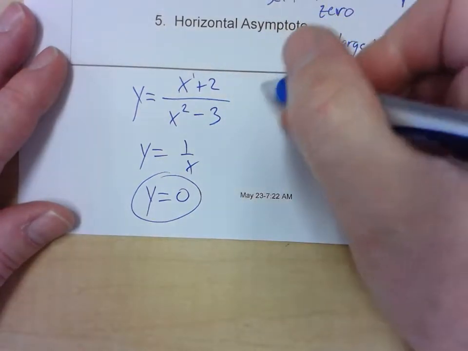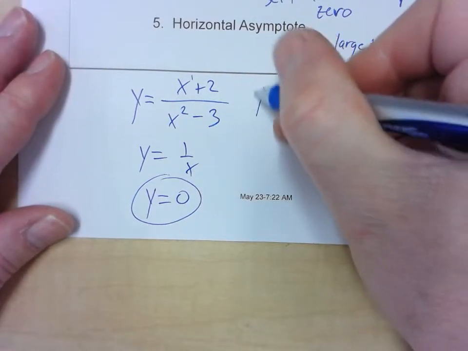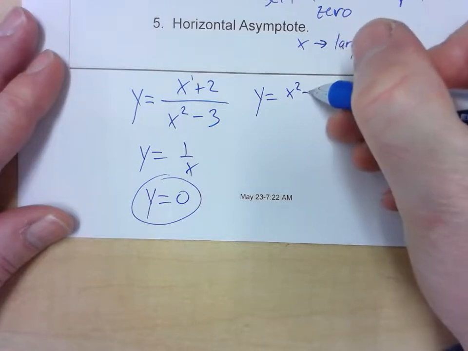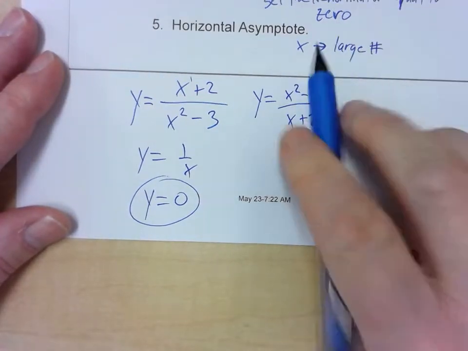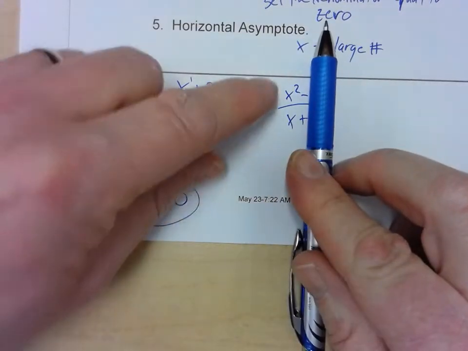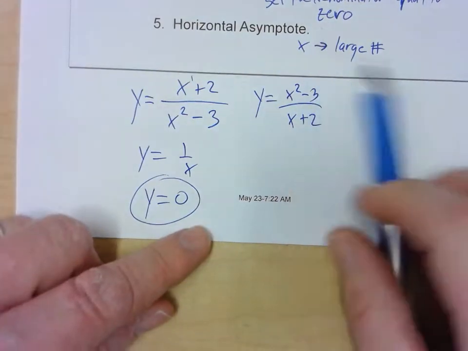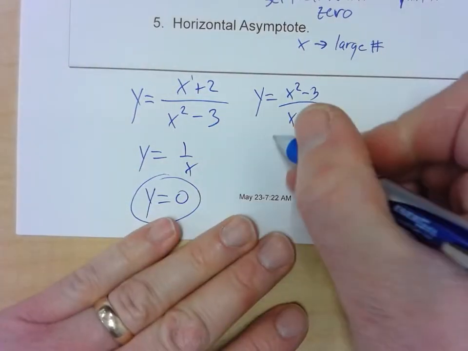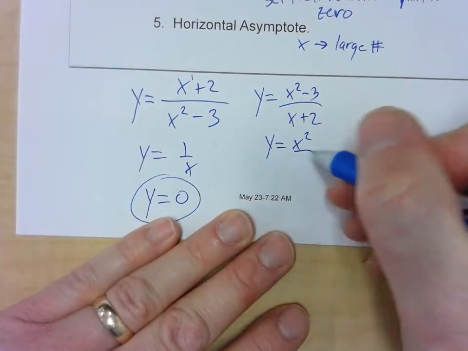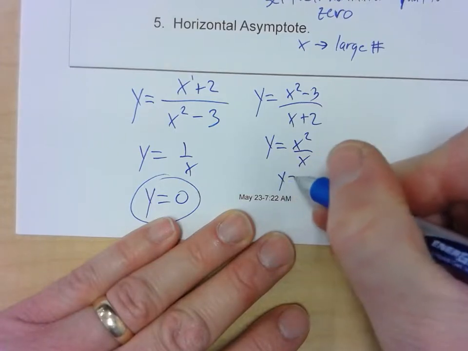Now if we switch it and we have y is equal to x squared minus 3 over x plus 2, then the same idea is happening here, but this behaves like x squared over x, because if you put a billion in here, subtracting 3, adding 2, it doesn't really make that much difference. So x squared over x really behaves like just x.